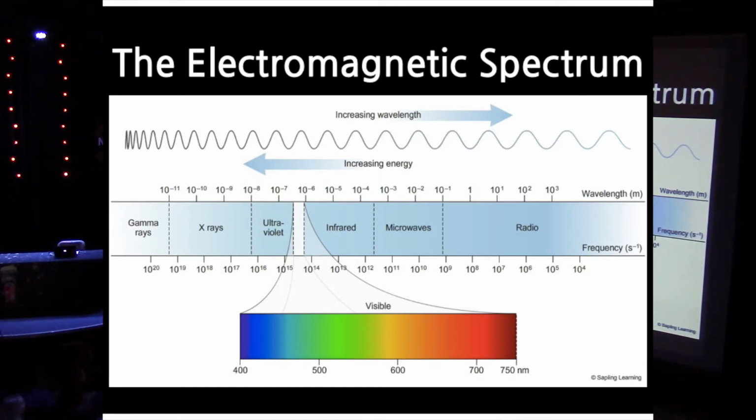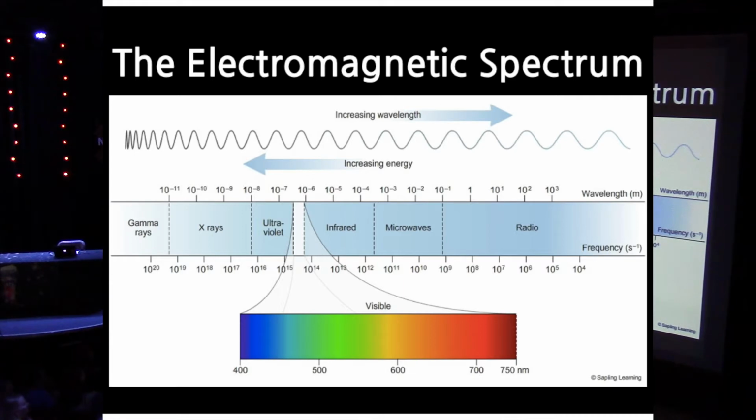So you've got gamma rays and X-rays, ultraviolet, and then you get to this tiny sliver, which is what's known as the visible wavelengths. And that's what we can see as humans. Then as you move on to longer wavelengths, you get into the infrared, microwaves, and then radio.